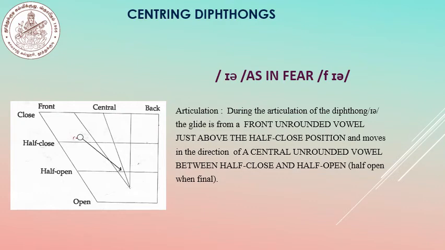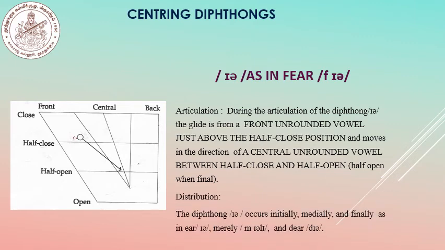During articulation of the diphthong ear, the glide is from front unrounded vowel just above the half close position and moves in the direction of a central unrounded vowel between half close and half open. So now in these three diagrams, you will find that the arrow mark comes towards the center part. The distribution. The diphthong ear occurs initially, medially and finally as in ear, nearly and dear.